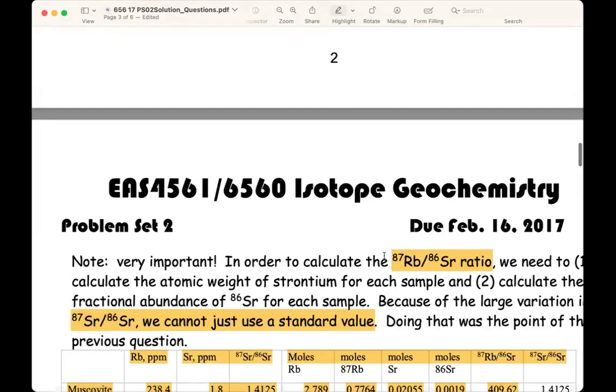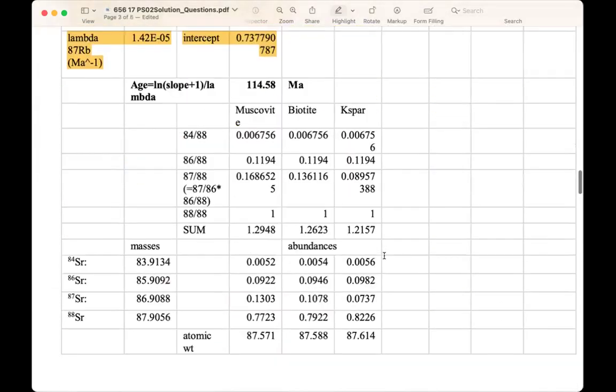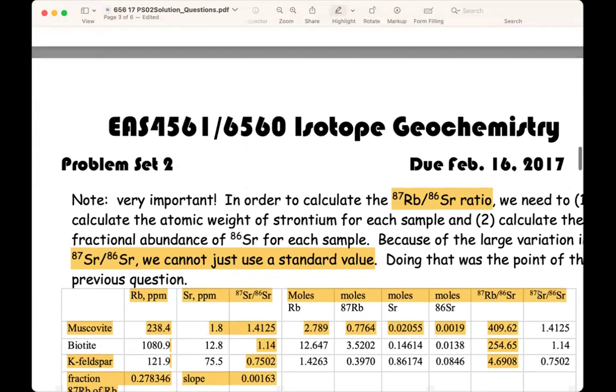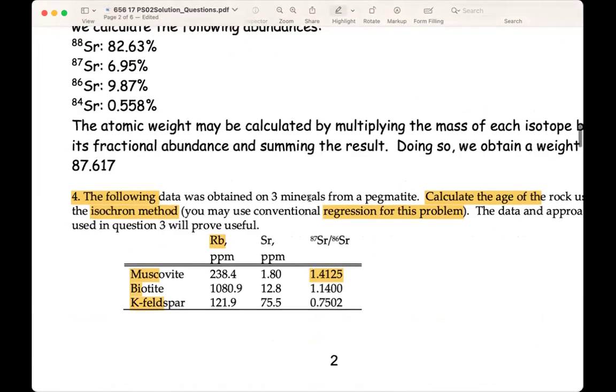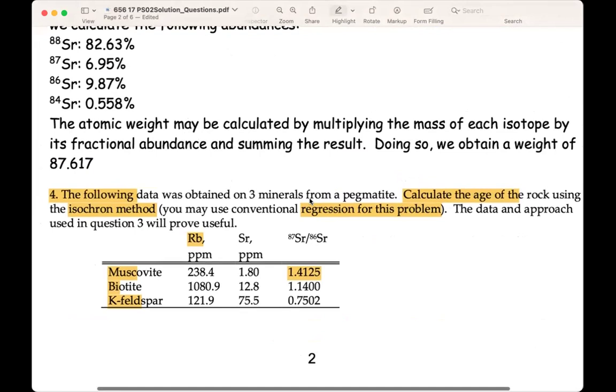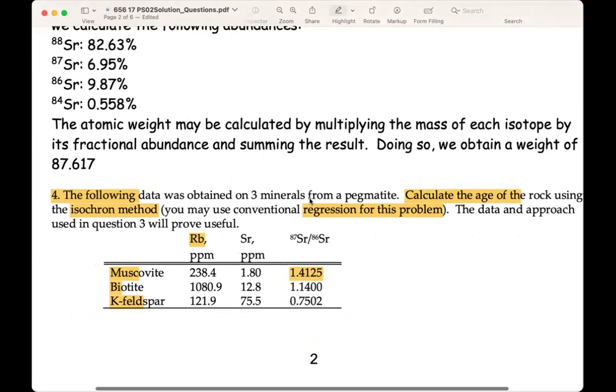So simply you use the age equation. Here you are given the radiogenic product of strontium, the daughter product, and we calculated the parent. What else? You need the lambda, right?